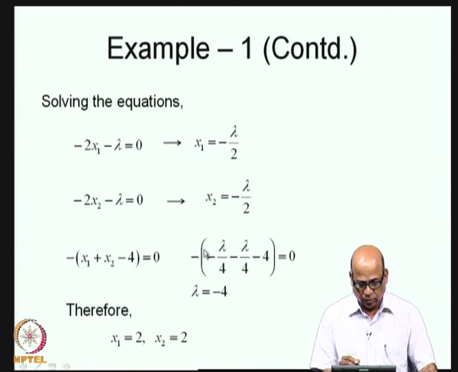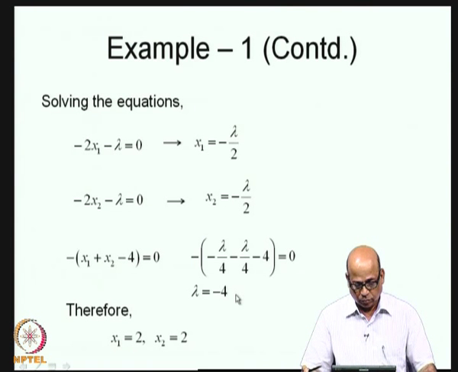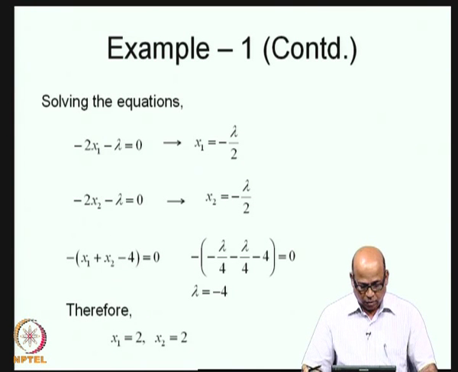Substituting x1 is equal to minus lambda by 2, x2 is equal to minus lambda by 2, you get lambda is equal to minus 4. And therefore, x1 is equal to 2 and x2 is equal to 2 is the solution.